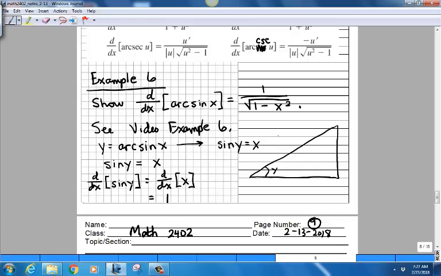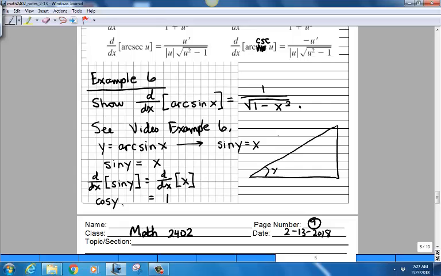I hope you can recall a little bit about implicit differentiation from Calculus 1. To start, we find the derivative of sine of y. That's easy, because the derivative of sine is cosine, so we get cosine of y.